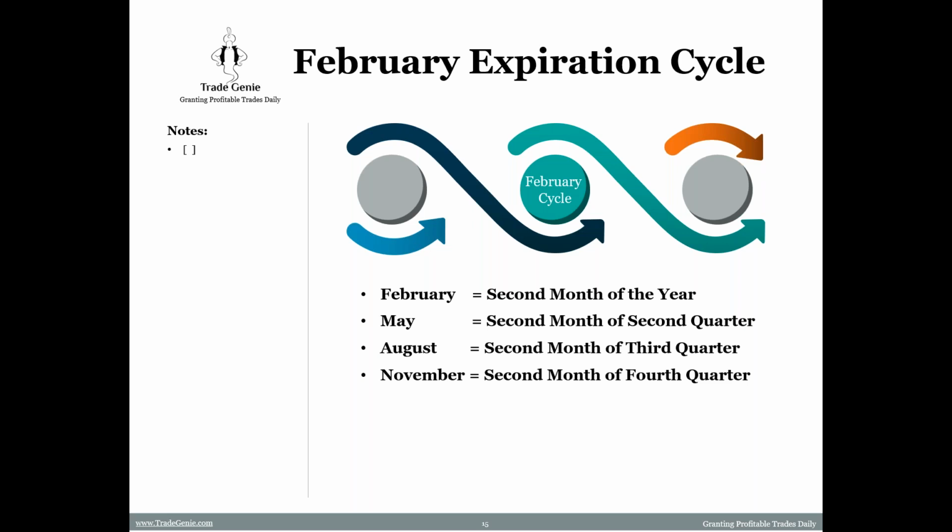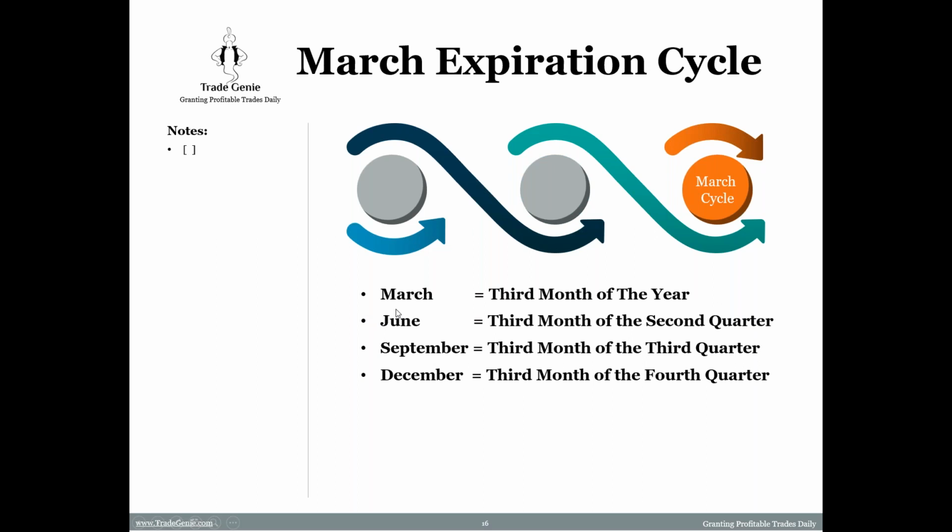So February and March, and because this stock is assigned to a February cycle, it will have May and August listed also. Now, if the stock is assigned to the March expiration cycle and the current month is March, then you will see March, April, June, and September.